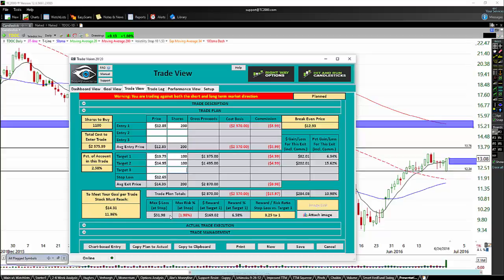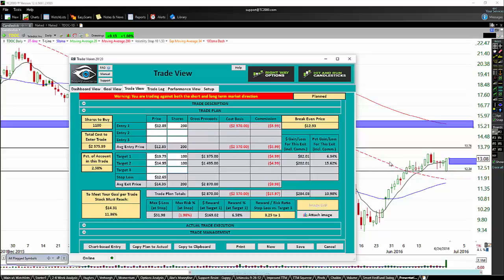However, we do have a pretty good risk reward to the first target. As you'll note, we're risking a little less than 2%, 1.98, for the possibility of making 6.58%. That's a 3.25 to 1 reward to risk ratio. And that may be enough for me to consider taking this. The break even is only a few pennies above our entry price.